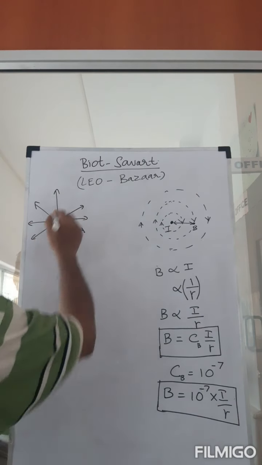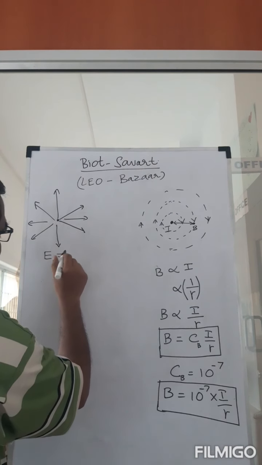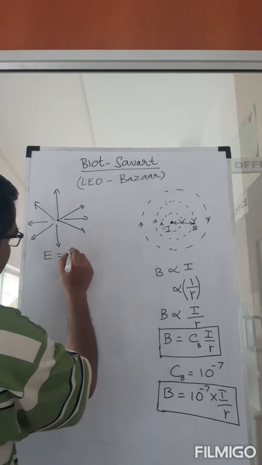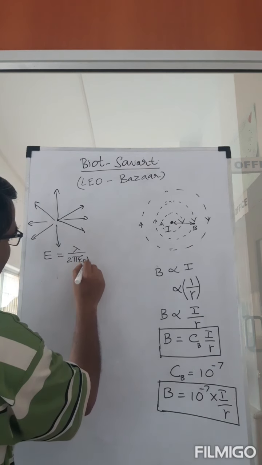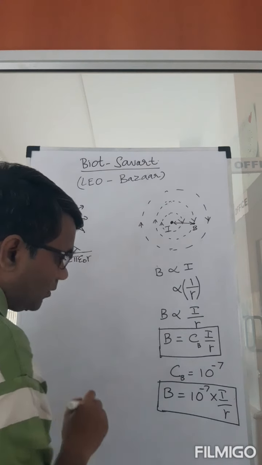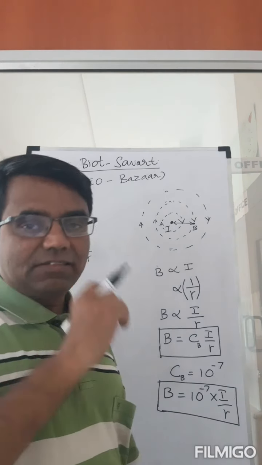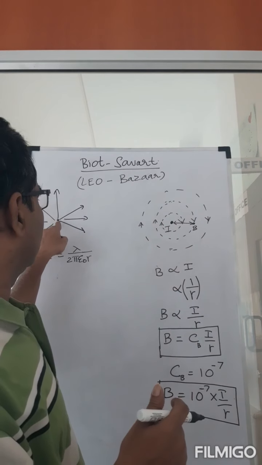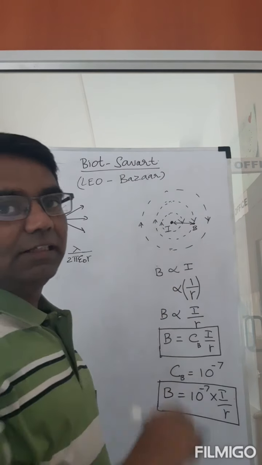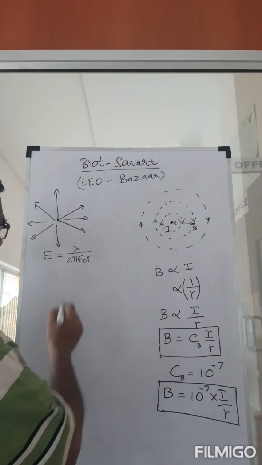Okay. And this field strength was given by this equation, E equal to lambda by 2 pi epsilon naught r. So lambda is the charge density and r is the distance from that infinitely long line, and this is a constant.